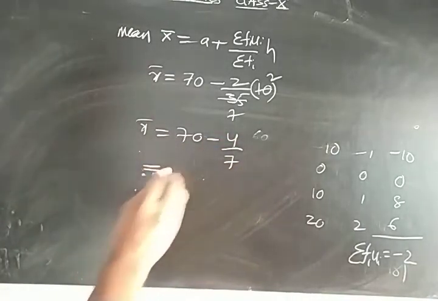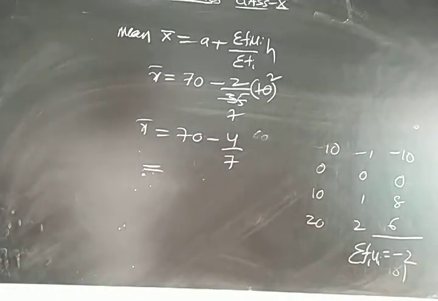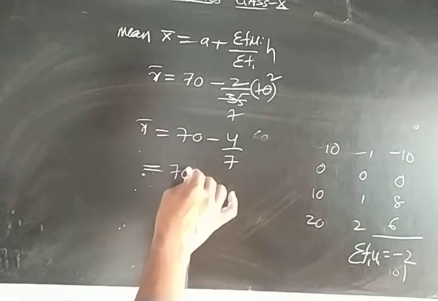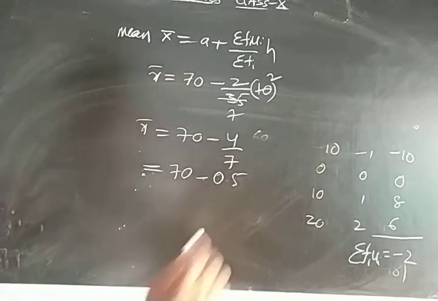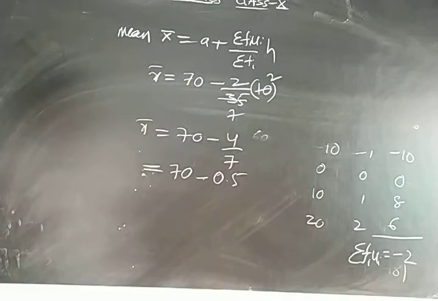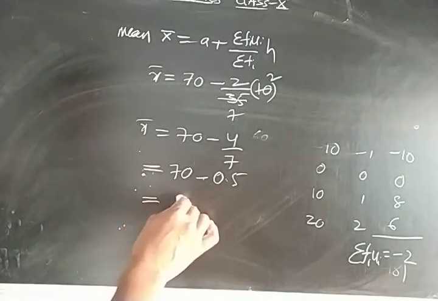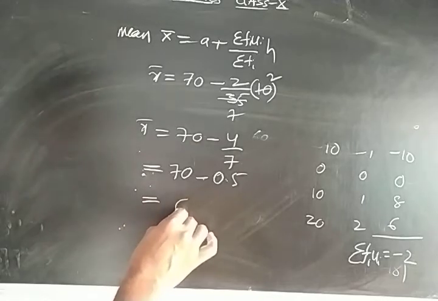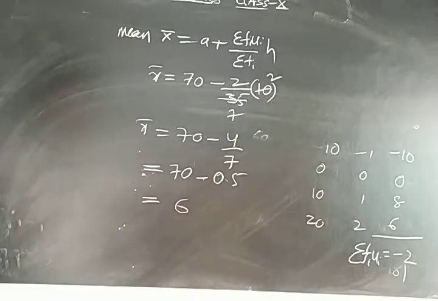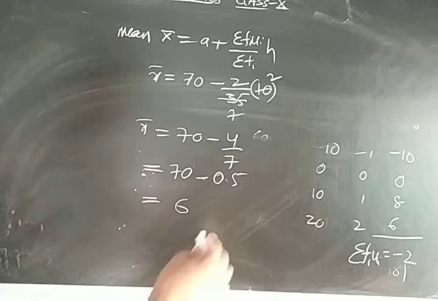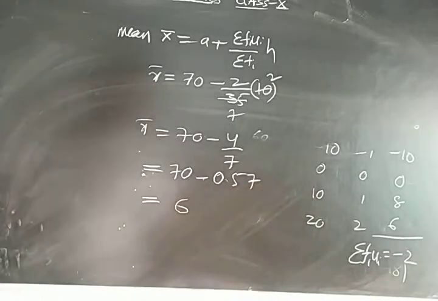4 by 7 means 0.57. One more decimal if you find, 0.57.